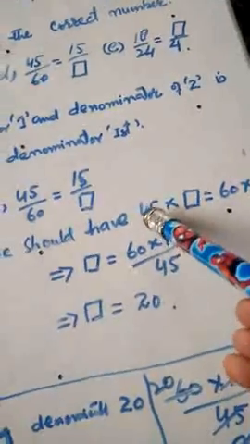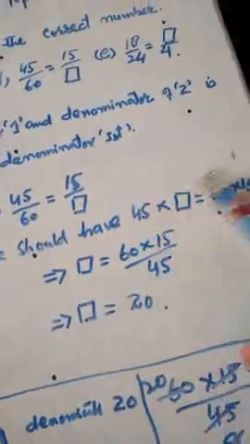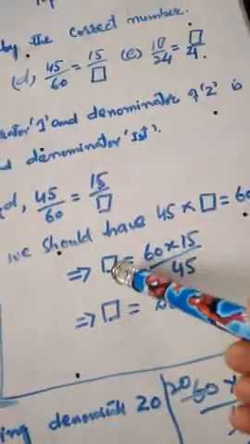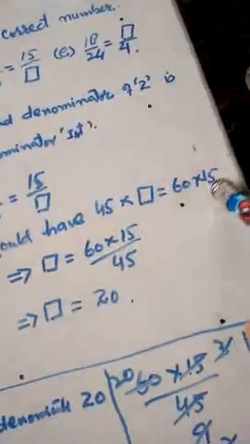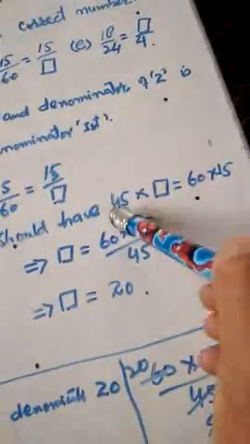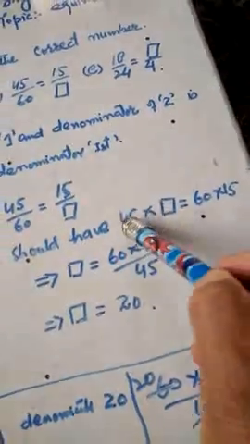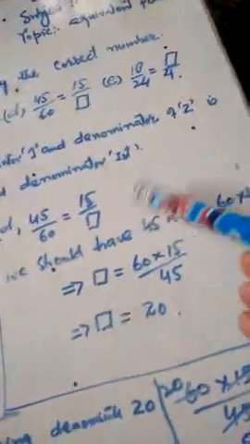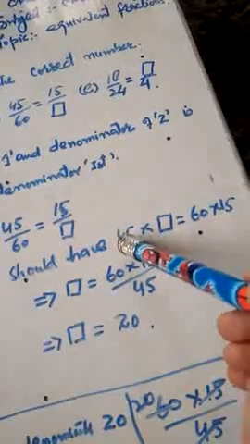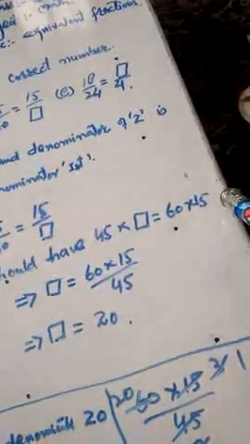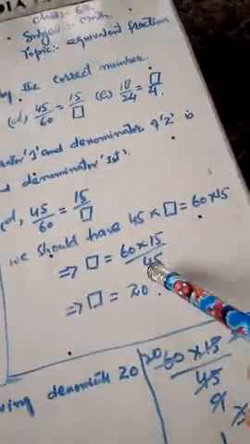Transferring this 45 to this side, this blank space will be equal to 60 into 15 by 45. When two numbers are in multiplication and one number is transposed to the other side, it becomes division.